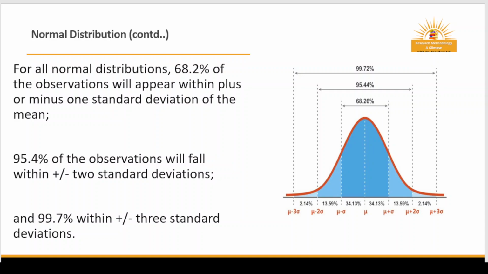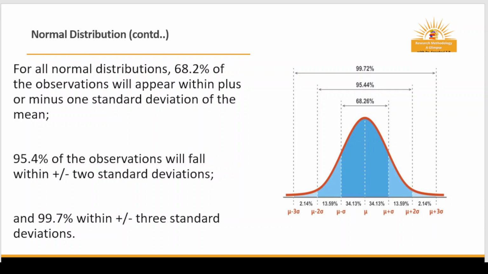Now, about 68% of women have height between 155 and 165 centimeters, with the mean plus or minus 1 standard deviation. 95% have height between mean plus and minus 2 standard deviations, that is 150 and 170. 99% have height between 145 and 175 centimeters with mean plus or minus 3 standard deviations.